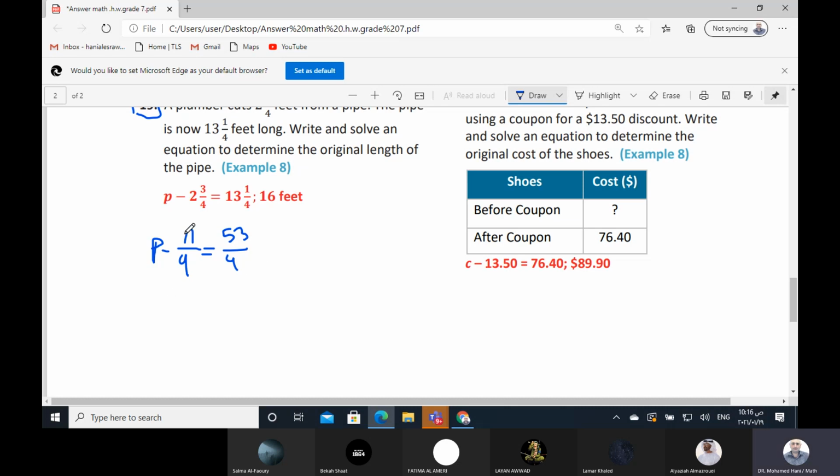Now try to remove 11 over 4. So we can add 11 over 4 to the two sides. Here plus 11 over 4, and here plus 11 over 4.